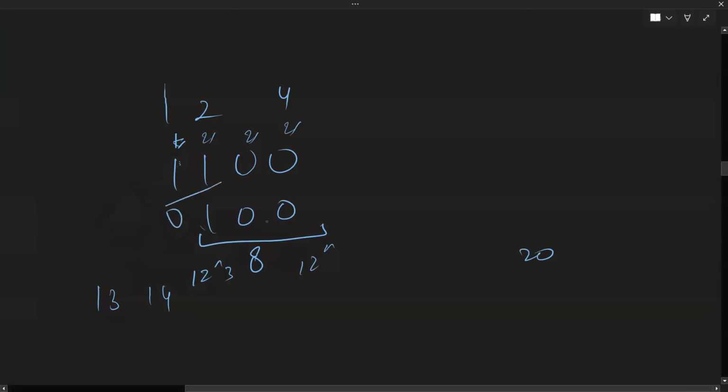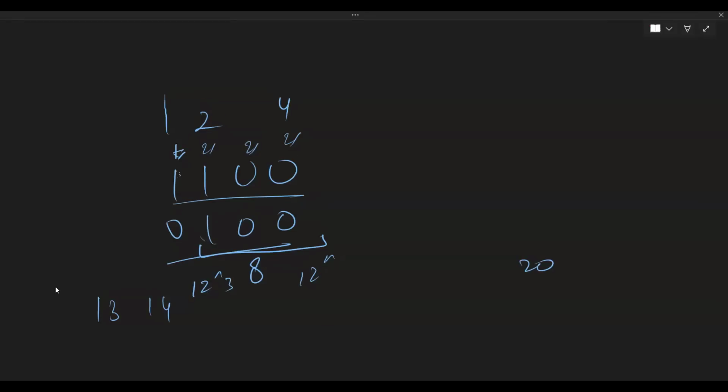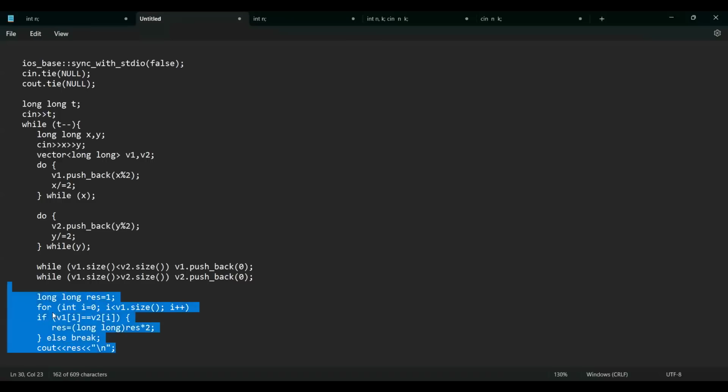Just to make both of these of size 4. After that, I'm checking while both of these bits are the same. I'm multiplying my answer by 2, because for those I have two possibilities, either 0 or 1. Otherwise, I'm breaking. Finally, I can print my answer.